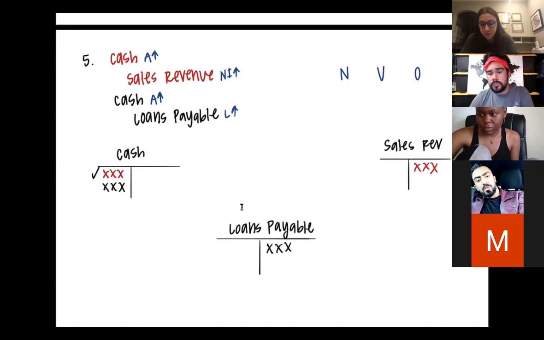Revenue has a normal credit balance, so if you're crediting revenue, then you're increasing your net income. And expenses have a normal debit balance, so if you're debiting your expenses, then you're lowering your net income because expenses lower your income.